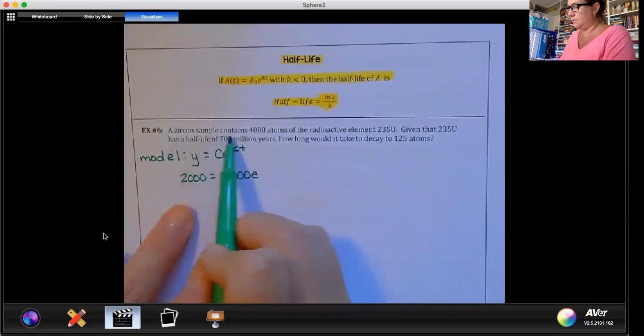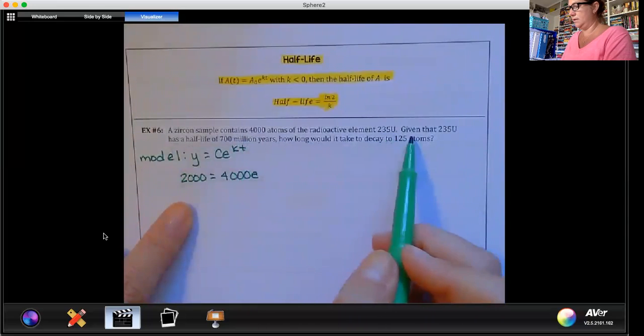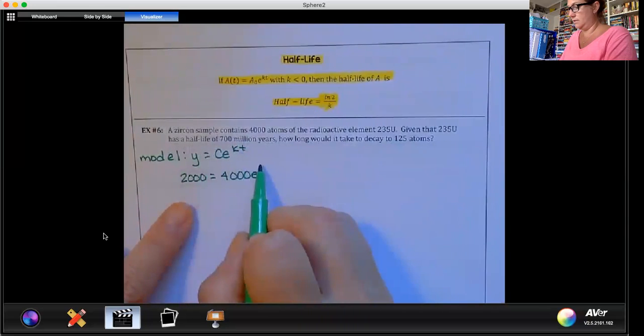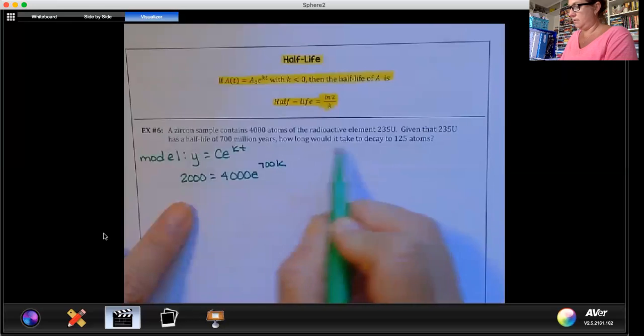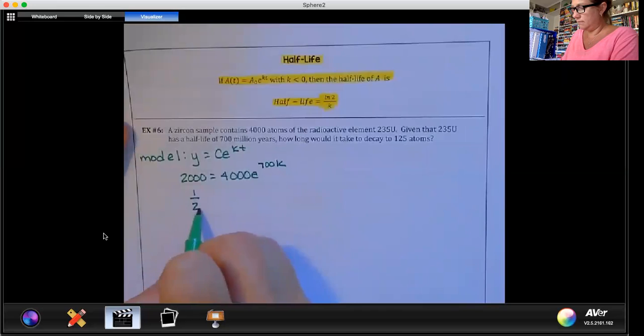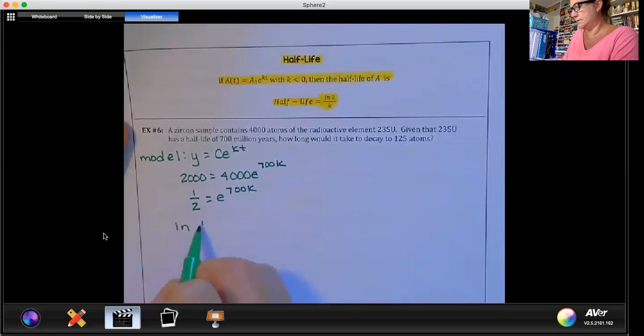A zircon sample contains 4,000 atoms of the radioactive element 235U. Given that 235U has a half-life of 700 million years, how long would it take to decay to 125 atoms? So 1/2 equals e to the 700k, ln on both sides. And k is negative 0.00099021.